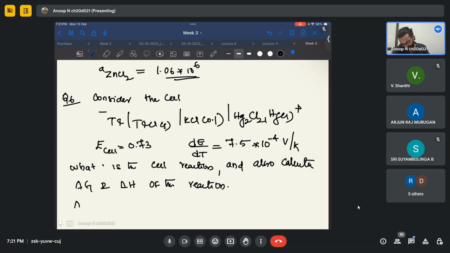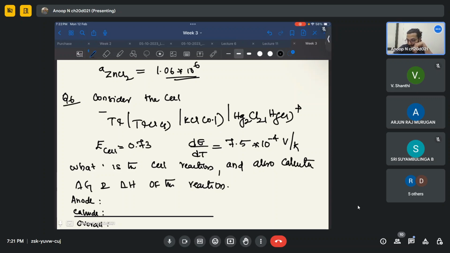Anode, cathode. What will be the anode reaction?